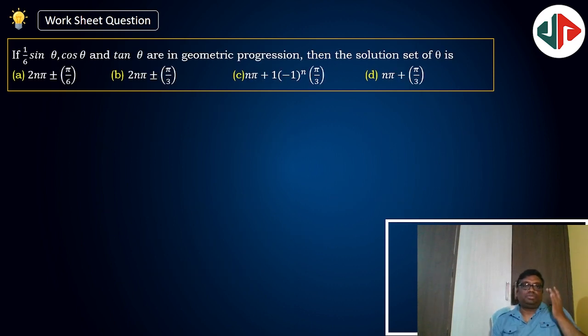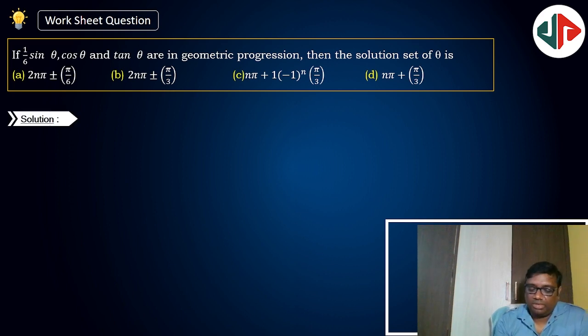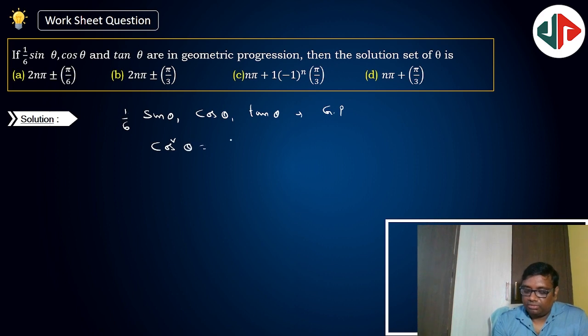1 by 6 times sine theta, cos theta and tan theta are in geometric progression. Then the solution of sec theta is? Geometric progression means cos square theta is equal to 1 by 6 times sine theta into tan theta.